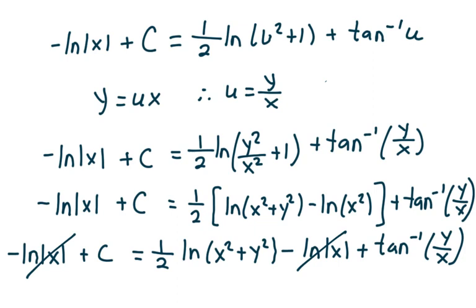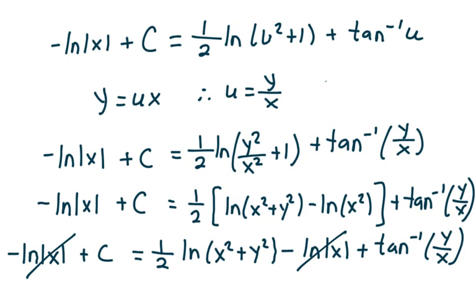But just like in the last two examples, we're given that y equals ux, so u equals y over x. Making my substitution in, we get negative natural log of the absolute value of x plus c is equal to 1/2 natural log of y squared over x squared plus 1 plus arctangent of y over x.